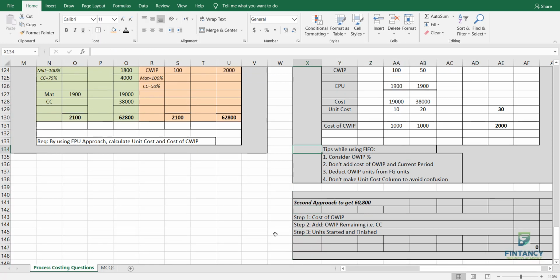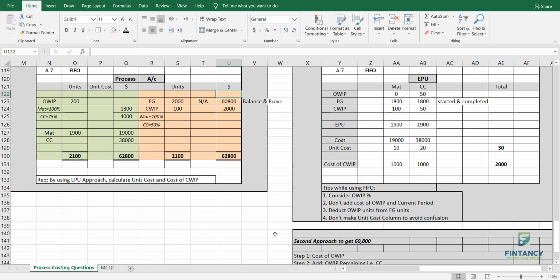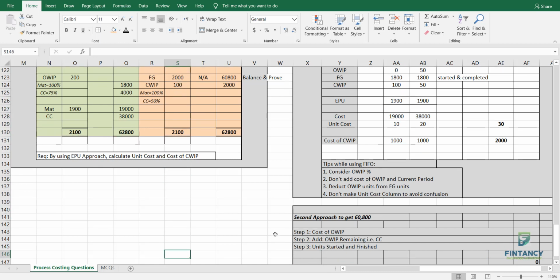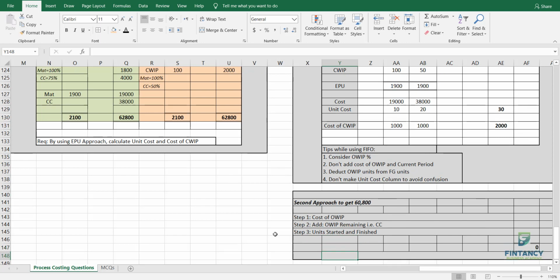By the way, what is this 60,800? This is the total cost of finished goods. And how many are finished good units? 2000. It means I need the total cost of 2000 finished good units, which is 60,800. So my friends, how to get it? First of all, let me write here also.